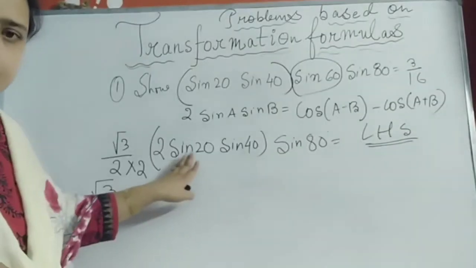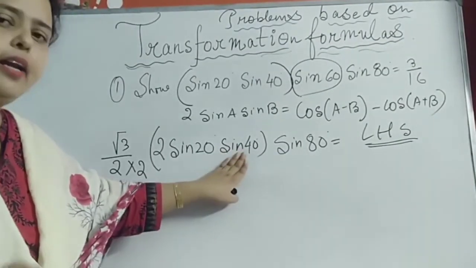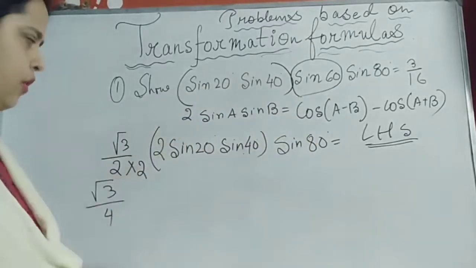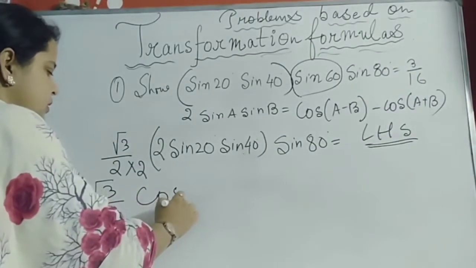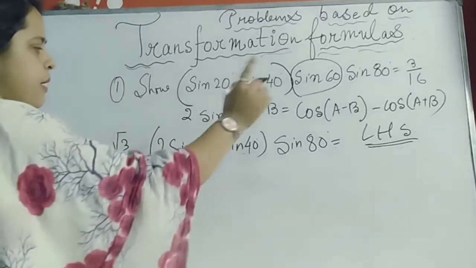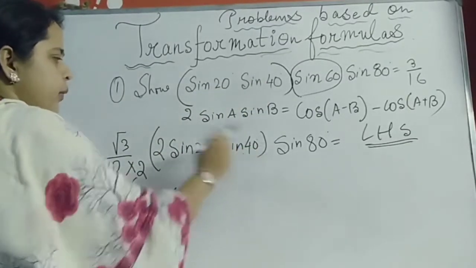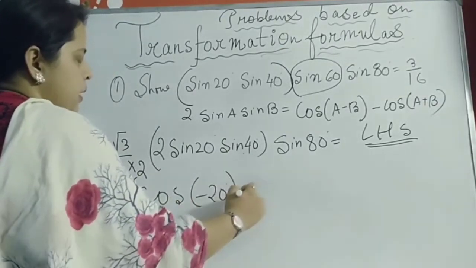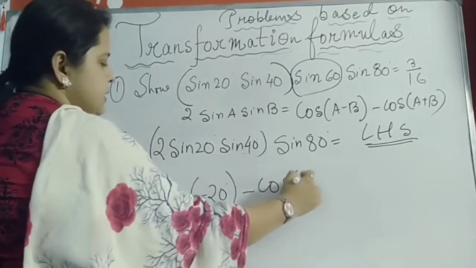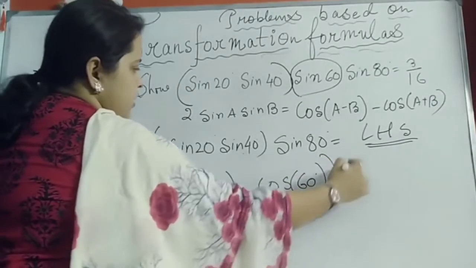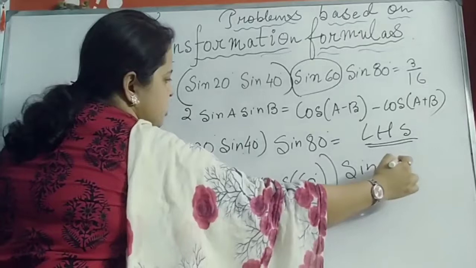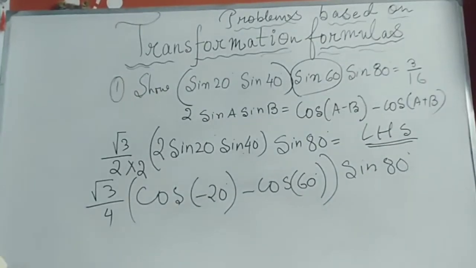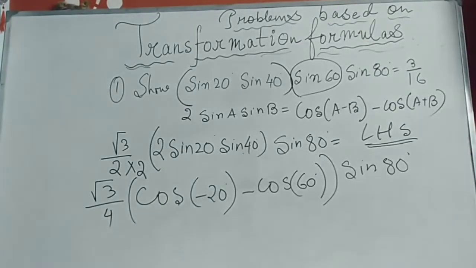And this 2 sine 20 into sine 40 is carrying on the formula of cos. See, cos A minus B. So, I am writing here 20 minus 40, so 20 minus 40 is minus 20 degree. Minus 20 plus 40 is 60 degree. Now this is multiplied as a whole with sine 80 degree. So, what is cos of minus theta?